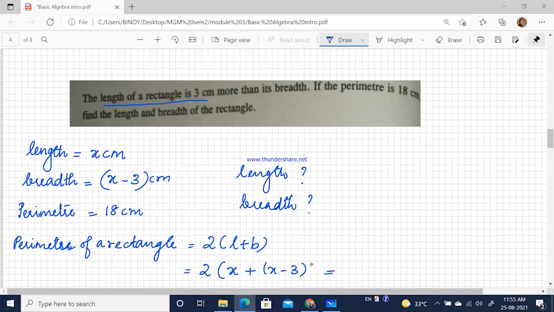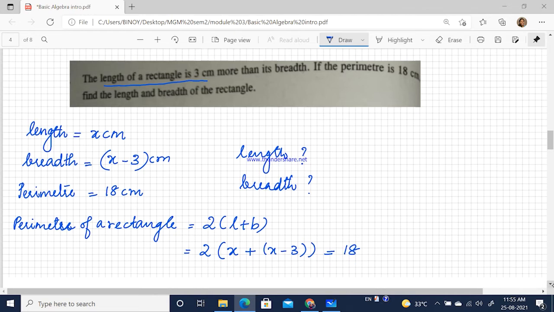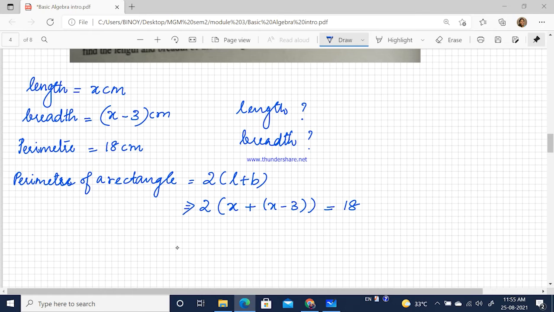So that should be equal to 18 centimeter.